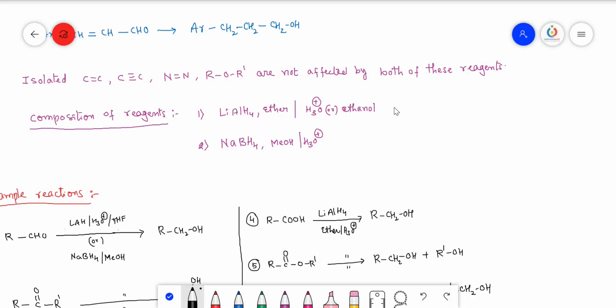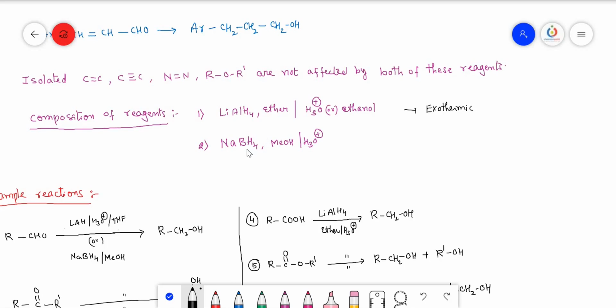If you use any polar protic solvents, they react with the lithium aluminum hydride because it gives H minus ion. So the reaction is highly exothermic in nature, and even an explosion may take place. That is the reason why lithium aluminum hydride is not used with polar protic solvents.